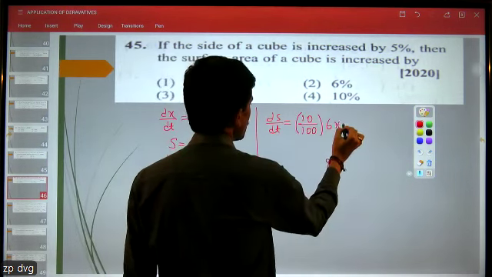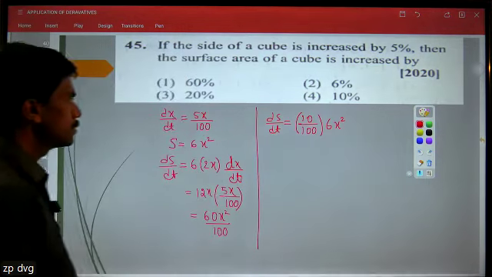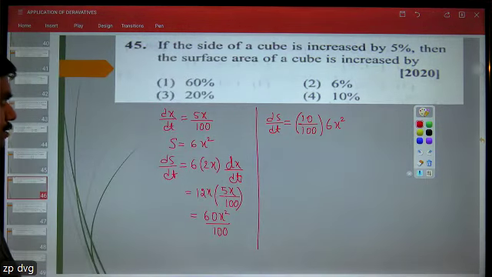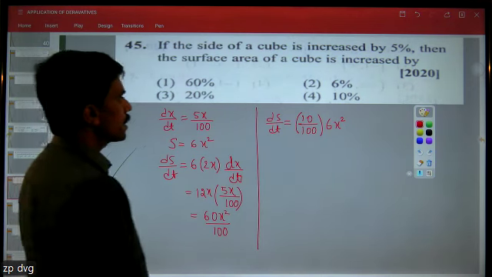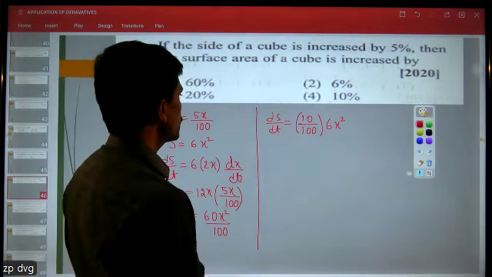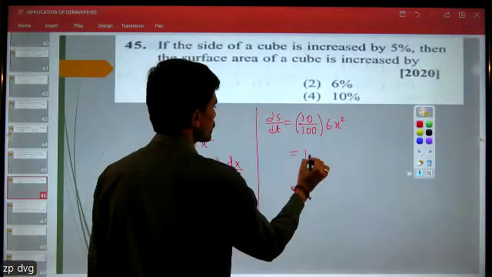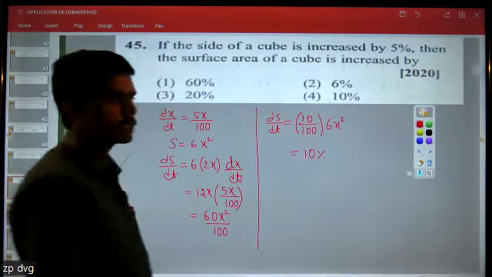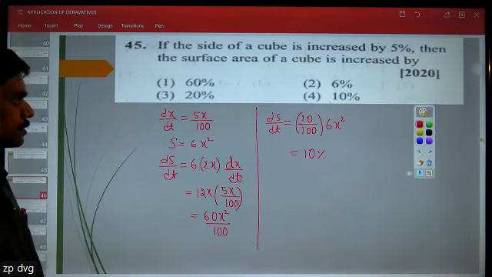So 10 by 100 into 6x square. Okay, 6 into 10, 60, 60x square by 100. That's why here we get the rate of change of surface area is increased by 10%.